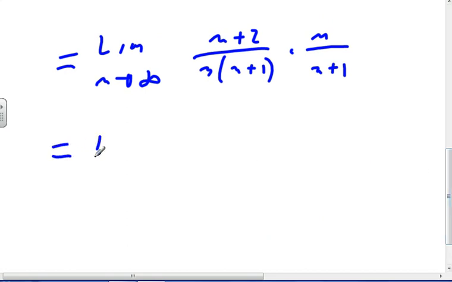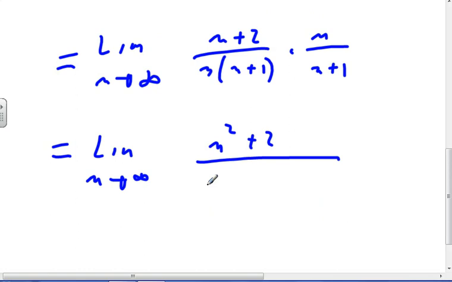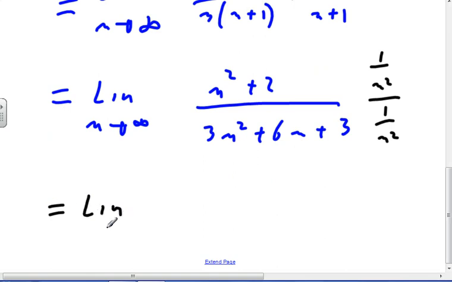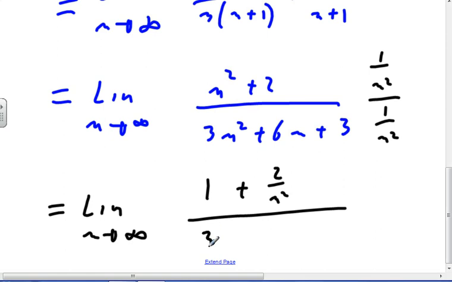So I've got limit as n goes to infinity of (n squared plus 2n) divided by (3n squared plus 6n plus 3). I'm going to multiply top and bottom by 1 over n squared. Limit as n goes to infinity, (1 plus 2 over n) divided by (3 plus 6 over n plus 3 over n squared).